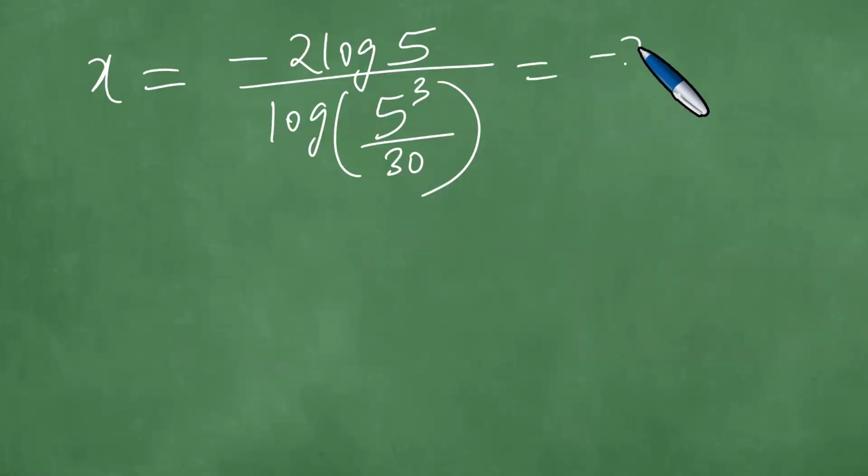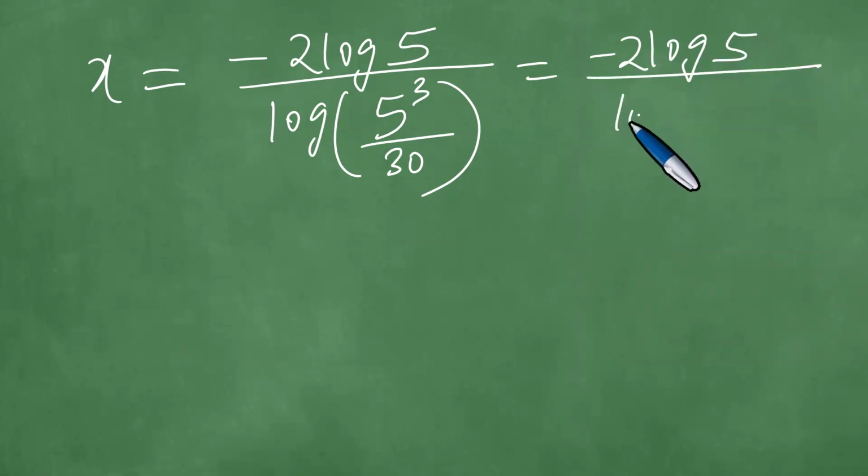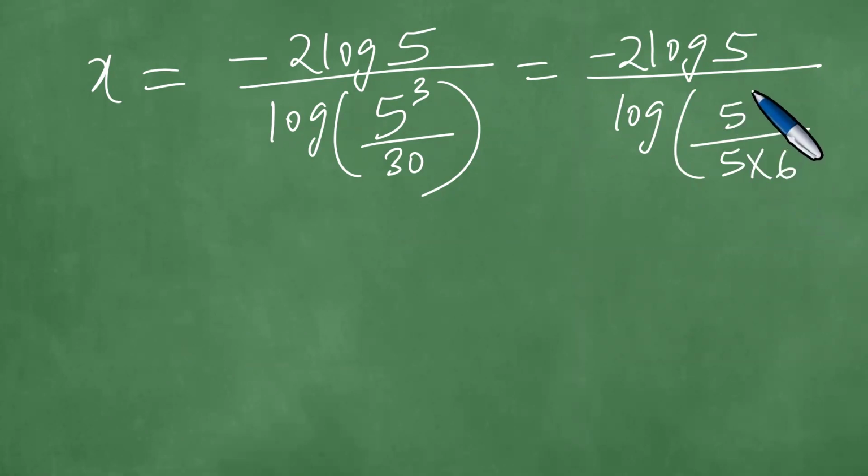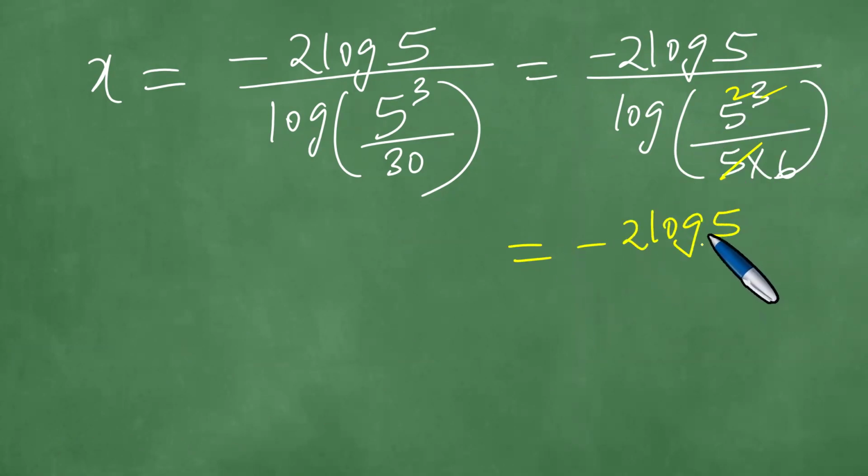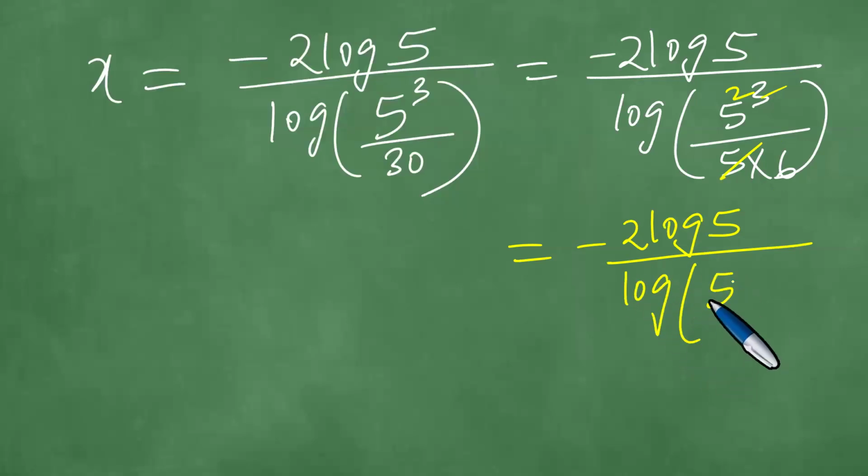And this is minus 2, the log of 5. You divide everything by, right, the 30 is the same as 5 by 6, 5 cubed. Okay, now we cancel out, getting a 2, and this is minus 2, the log of 5 divided by the log of 5 squared out of 6.